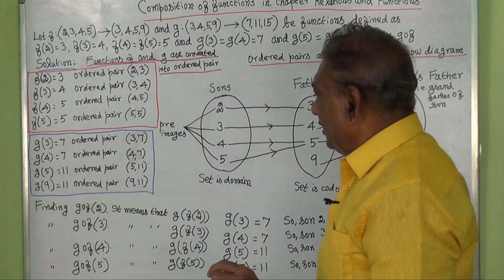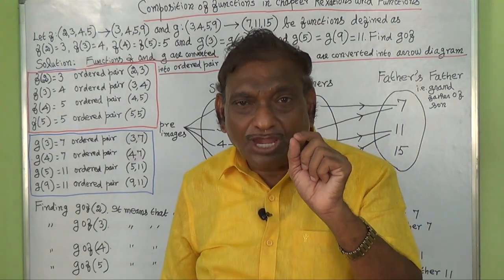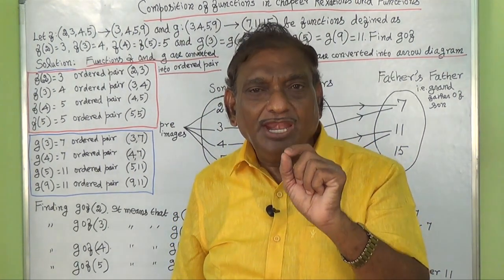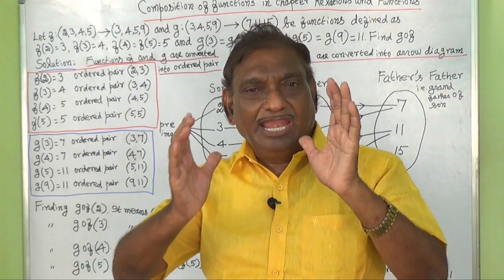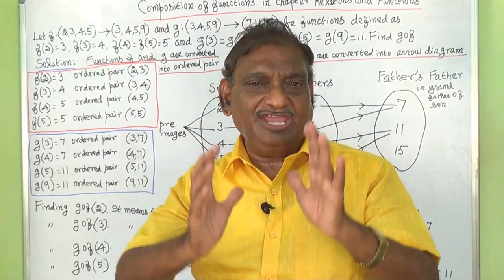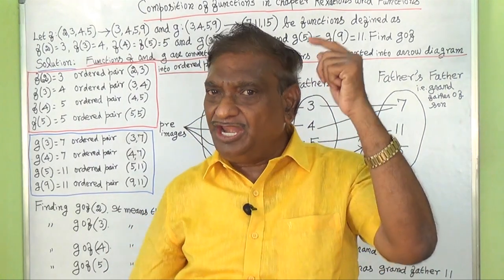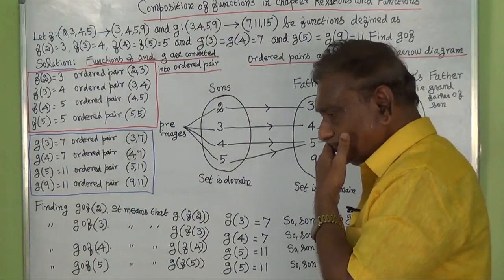Then we are knowing that the elements of the domain are called pre-images and the elements of the codomain are called images. We have already seen this in my previous videos.